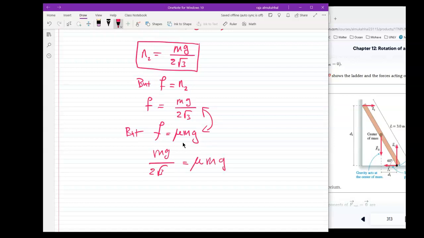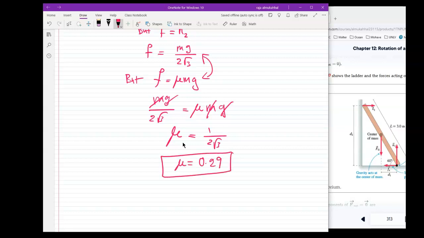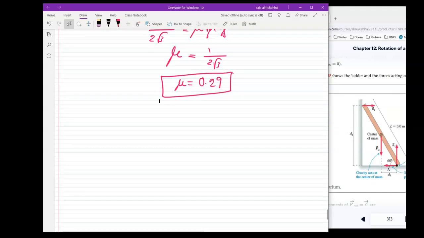Of course, we're solving for mu. So the mg's cancel out. As you can see, the mass is not important. And then finally, the coefficient of friction, mu, is equal to 1 over 2 square root of 3, or if you work it out, 0.29. So that's mu right here. That's the minimum value of friction that will prevent it from slipping. Okay? All right, good. Next problem.